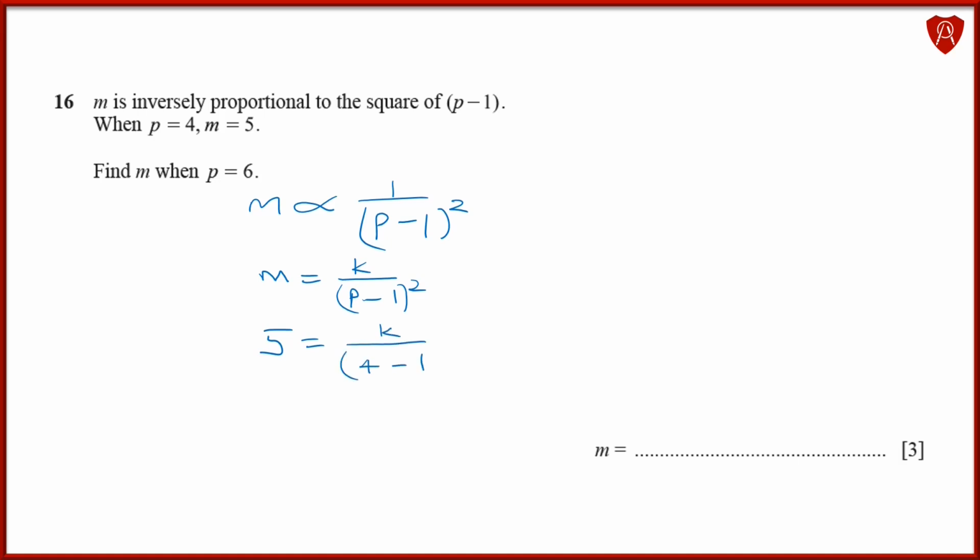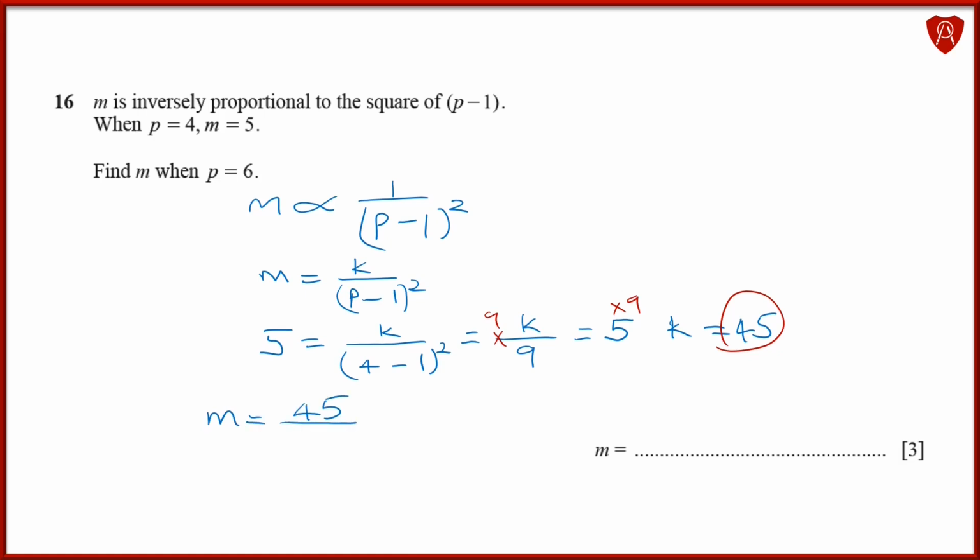So 4 minus 1 squared, which tells us that k over 9 is equal to 5. So k must be equal to 45 when we multiply both sides by 9. So k is 45.